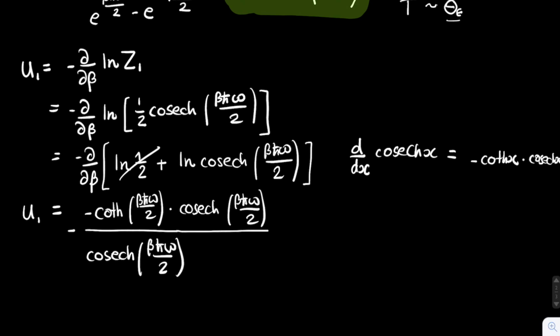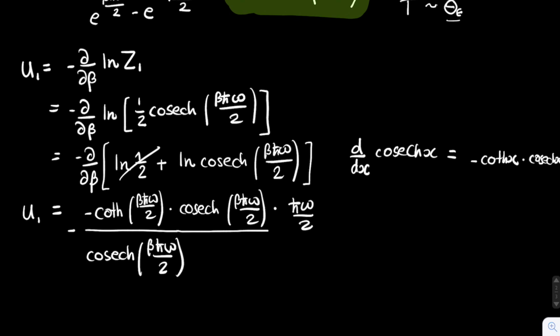So this is our internal energy, except we just need to add on the derivative. Since we've used the chain rule, we're differentiating with respect to beta, not with respect to beta h bar omega over 2. So we just need to multiply this by h bar omega over 2, which is of course the derivative of this function with respect to beta. So yeah, that's a complicated differentiation process.